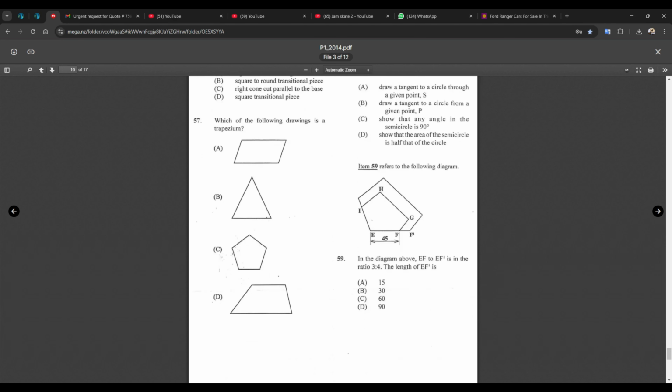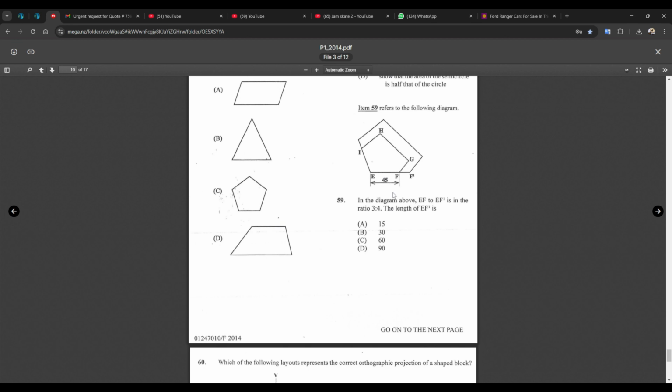Number 59. In the diagram above, EF to EF1, which is this, is in the ratio of 3 to 4. The length of EF1 is, so EF is 45, and the ratio is 3 to 4.